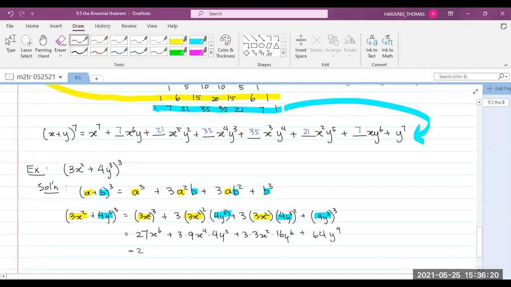Make it even nicer: 27x to the 6 plus 108x to the 4th y cubed plus 16 times 9, I think it's 144x squared y to the 6 plus 64y to the 9th.